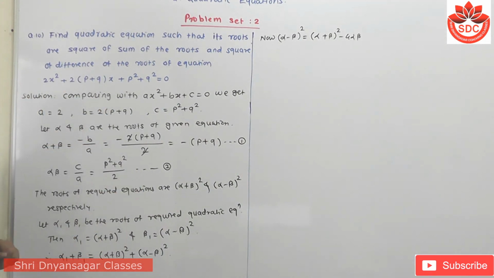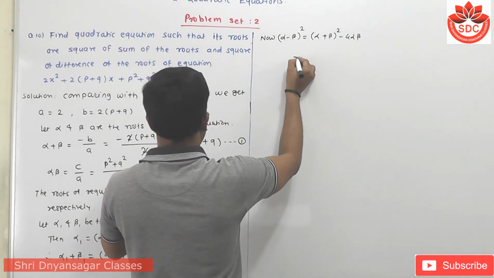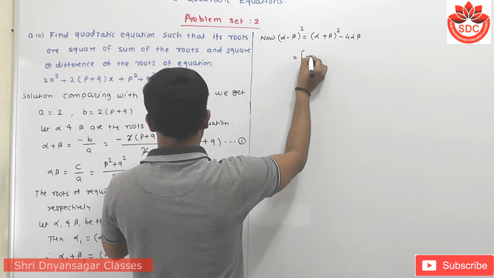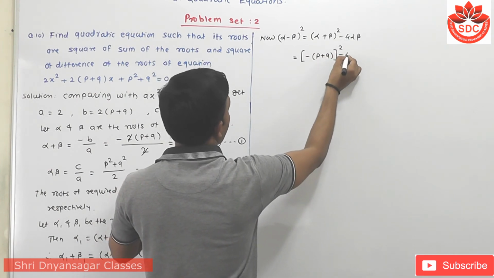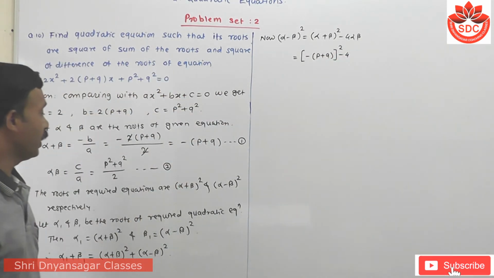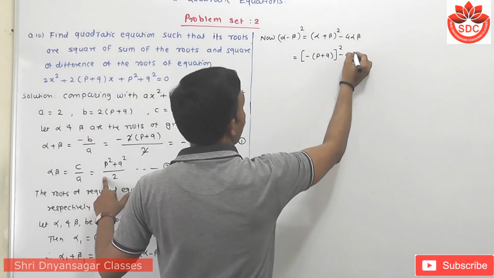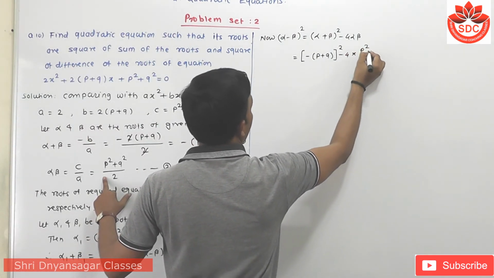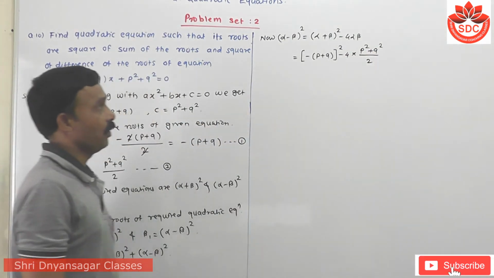Then I substitute the values here. Alpha plus beta is given here. Alpha plus beta is minus in bracket p plus q bracket square, minus 4 into alpha beta. We take alpha into beta as p square plus q square upon how much? 2. Upon 2.